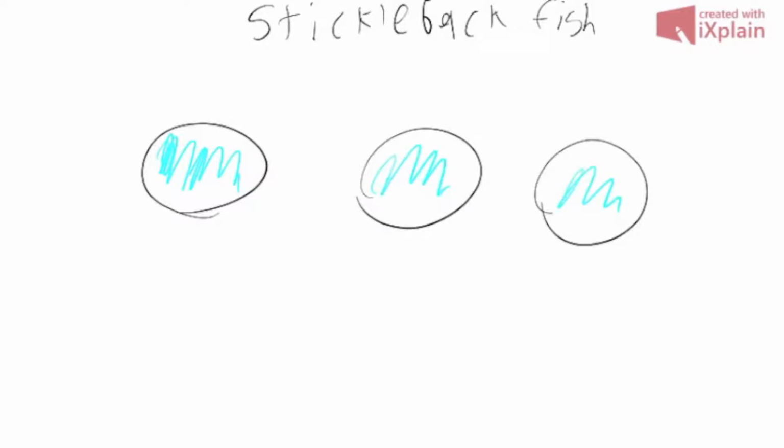So let's say in pond A, there's a predator that preys on the stickleback fish. In pond B, let's say there's plenty of food for the stickleback fish, and there are also predators.